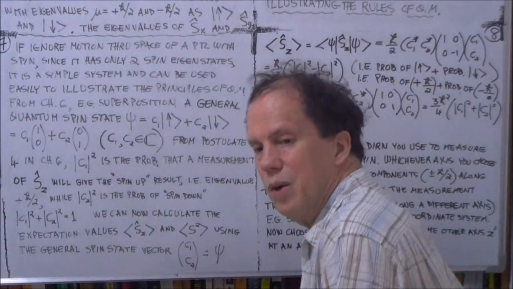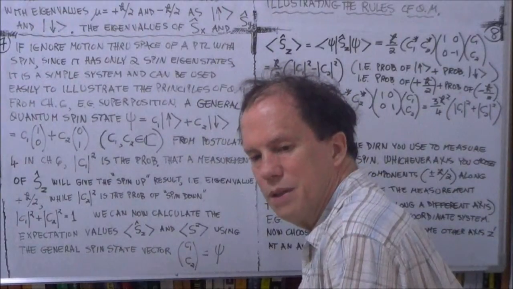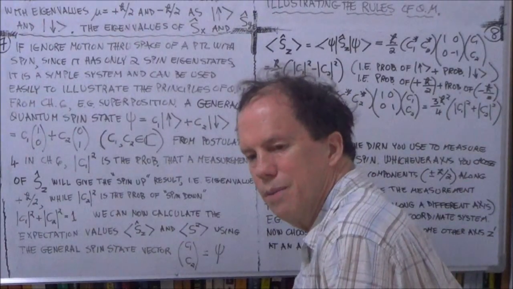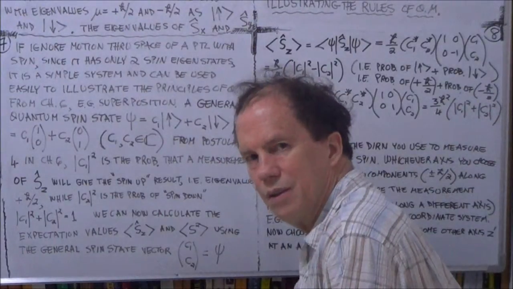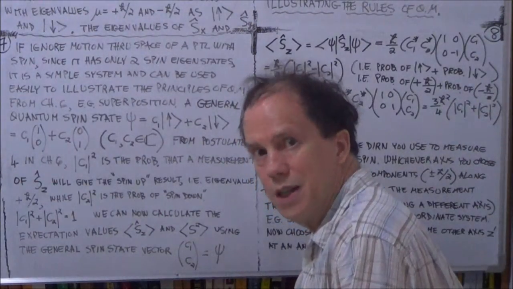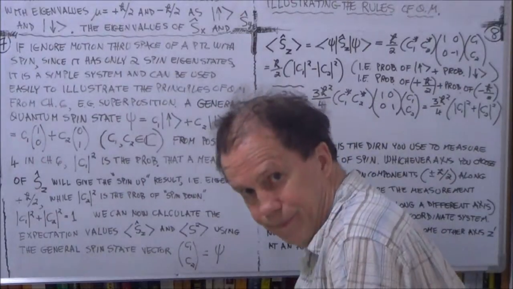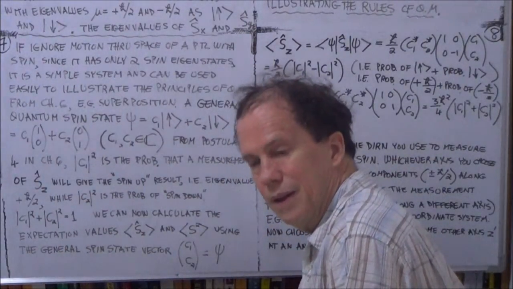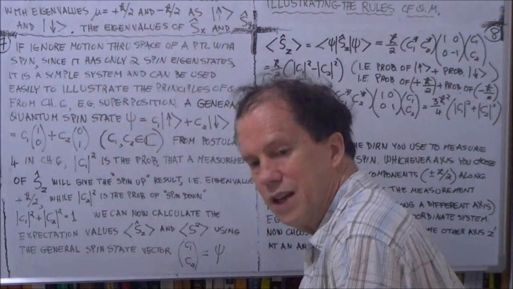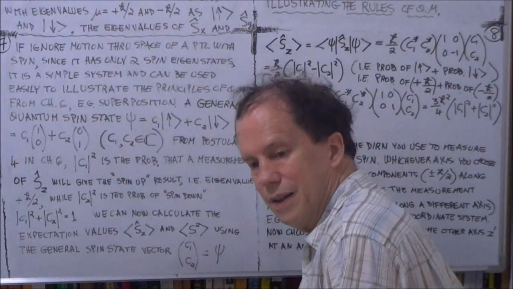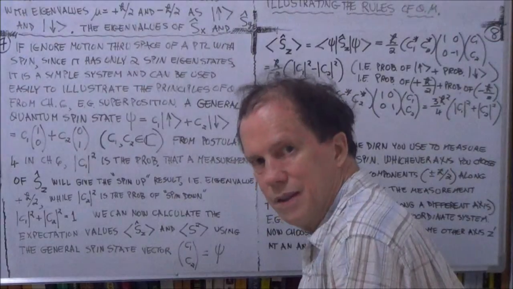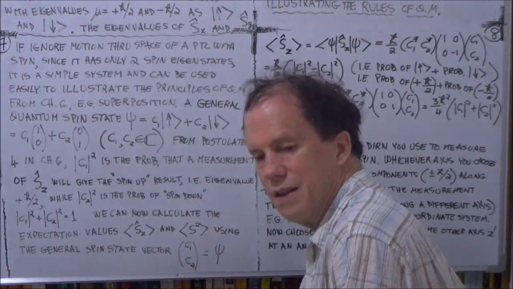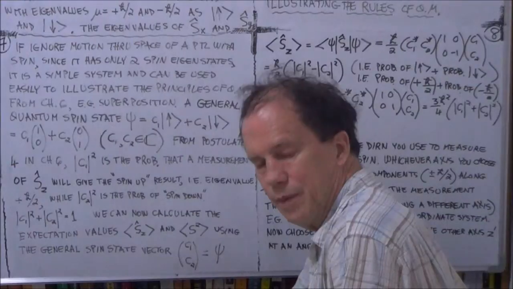So when you perform some kind of measurement, you do something to one of them, that will have an effect on the other one in zero time. So it's sort of action at a distance, an instantaneous effect.